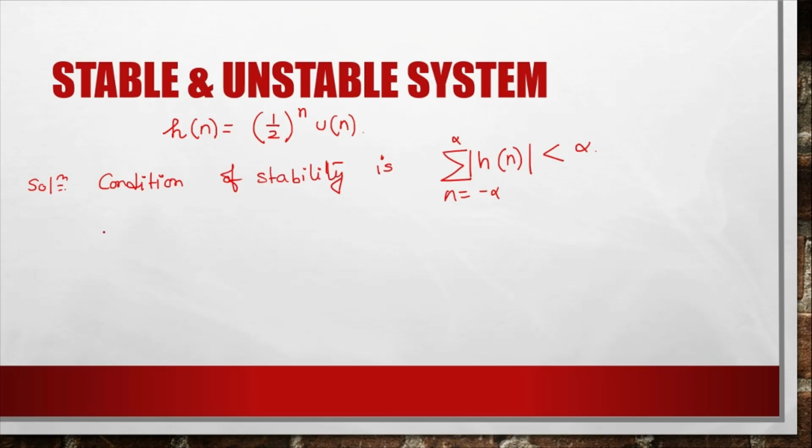So, what is mod of h[n]? If I write, the series becomes half whole to the power n u[n]. Mod means positive values, right? Here, as u[n] is multiplied with this, u[n] will be 0 for n less than 0.